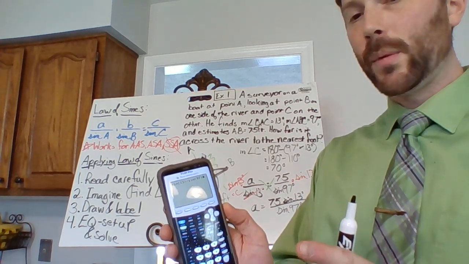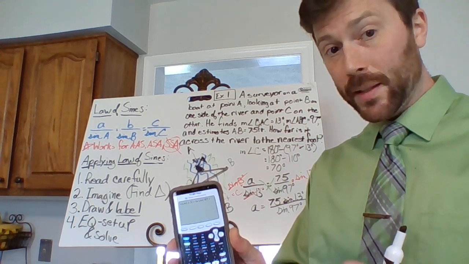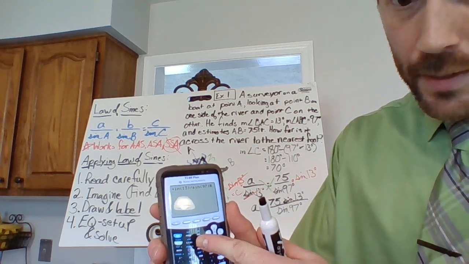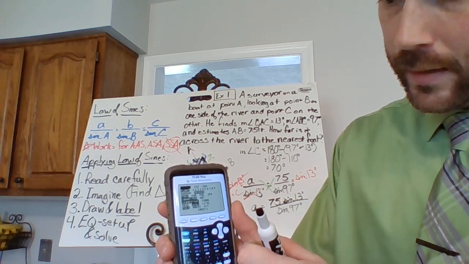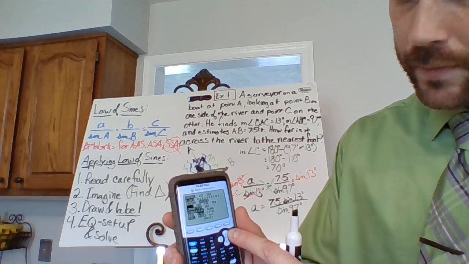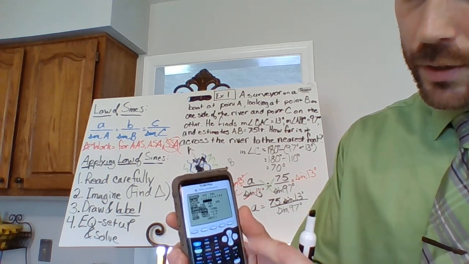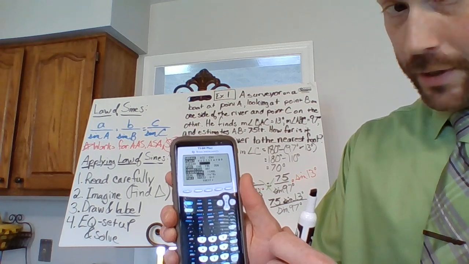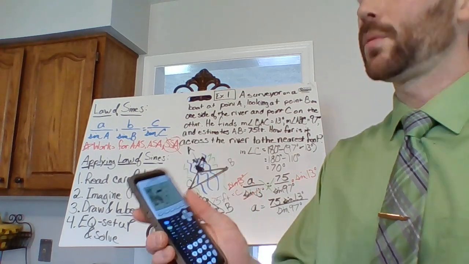Now, one thing that we want to check before we press any buttons with sine and cosine, I want to press this button here. It says mode. Okay, and make sure down here that we are in degree mode. If you're not in degree mode, it's going to give you a different answer, and you're not going to know until you press the equal sign.